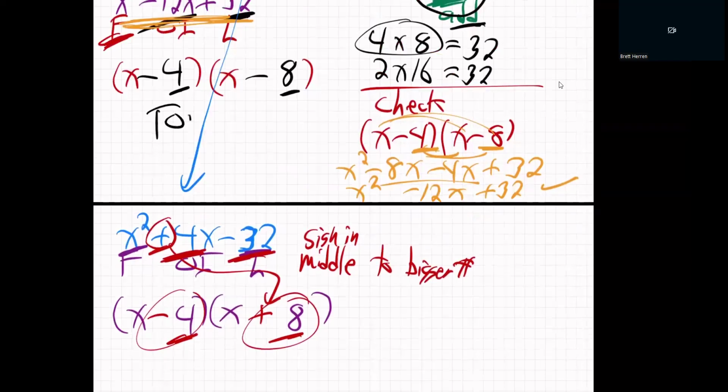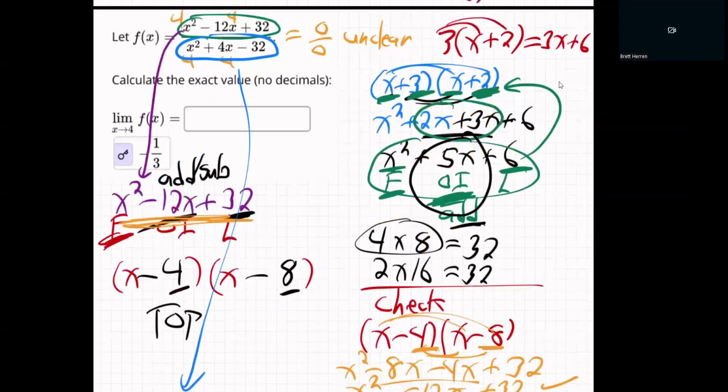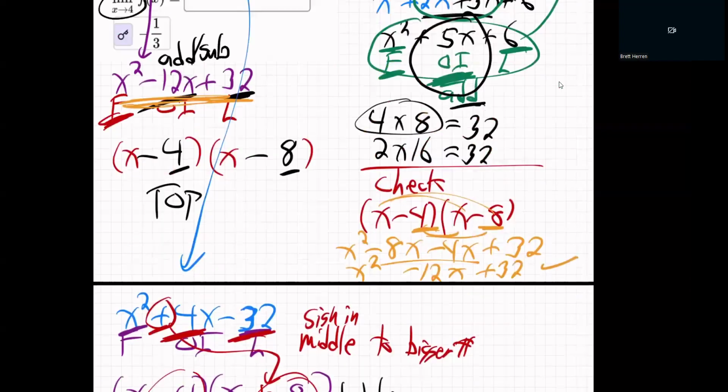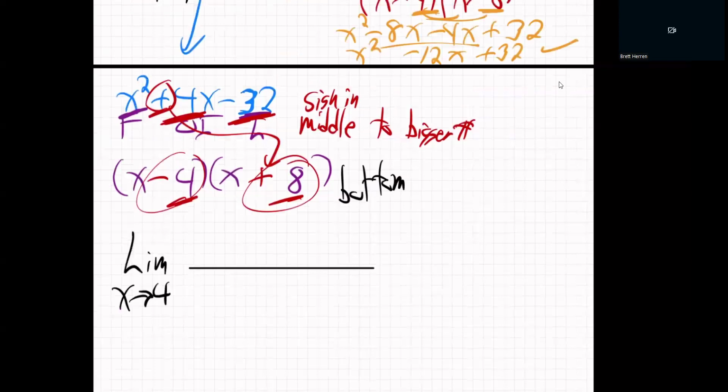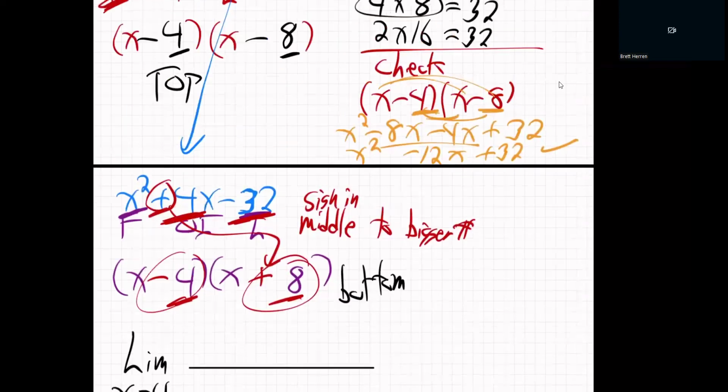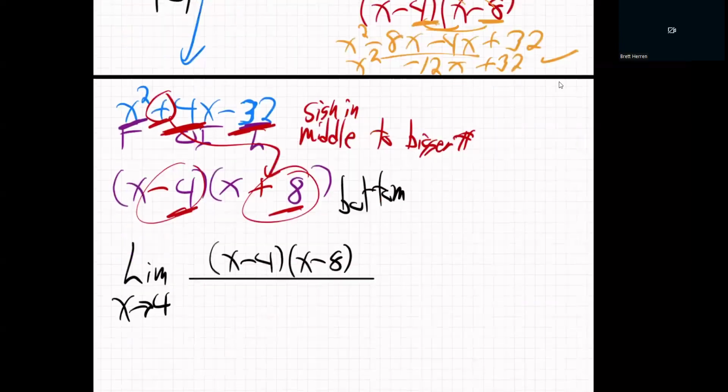This is the top, and this is the bottom, right? So now, what was this limit? The limit as x goes to 4. What was the top right there? So up here, x minus 4 times x minus 8. And then the bottom, right here, x minus 4 times x plus 8.